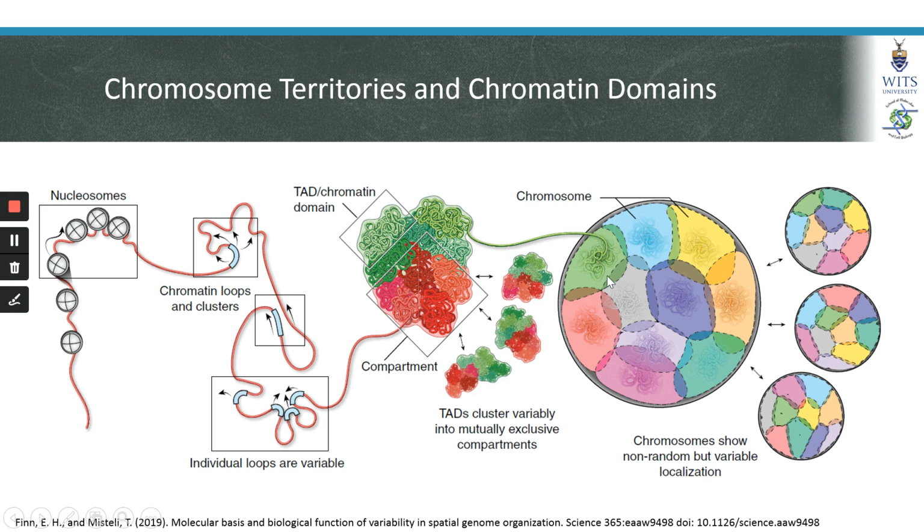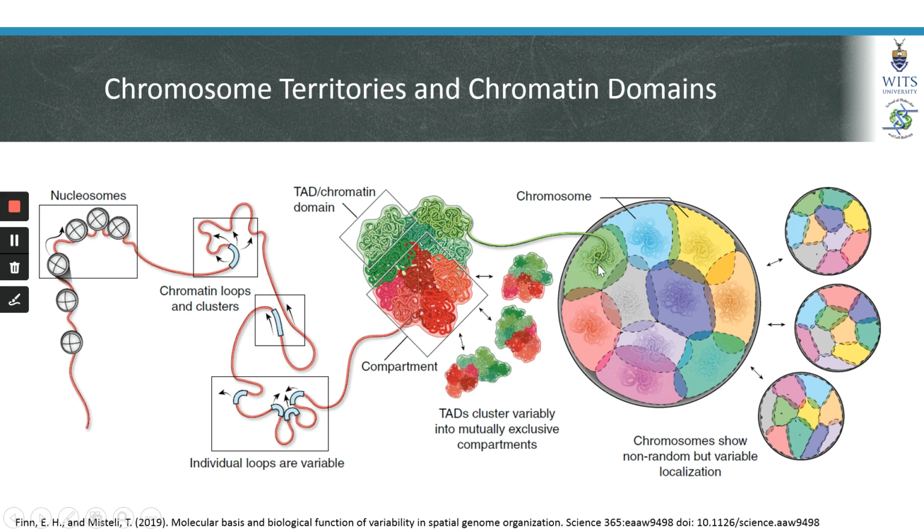However, chromosomes still occupy distinct positions within the nucleus. So chromosomes have territories within the nucleus. In this part of the diagram, the circle represents a nucleus, and each different color represents a specific chromosome. And these chromosomes will occupy a distinct position in the nucleus, meaning that you won't have large amounts of DNA from one chromosome occupying the territory of another chromosome completely.